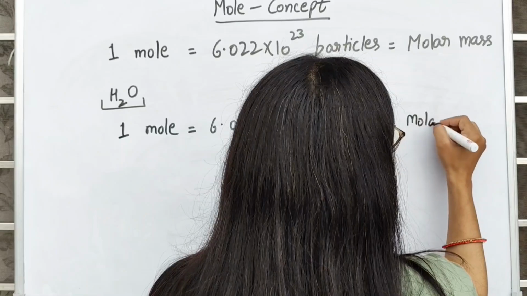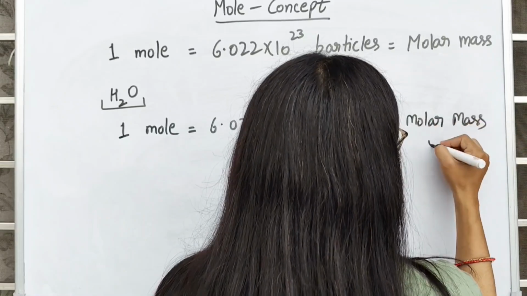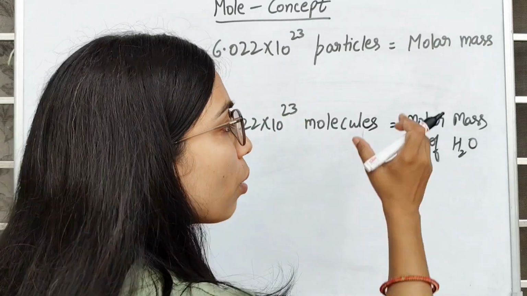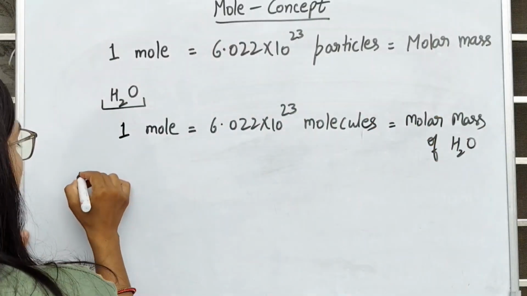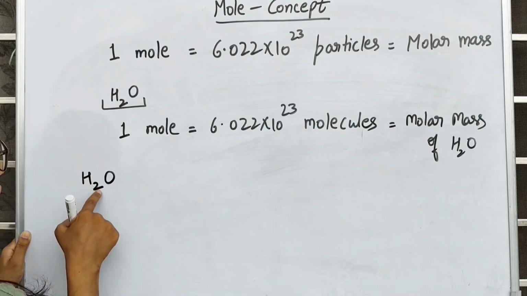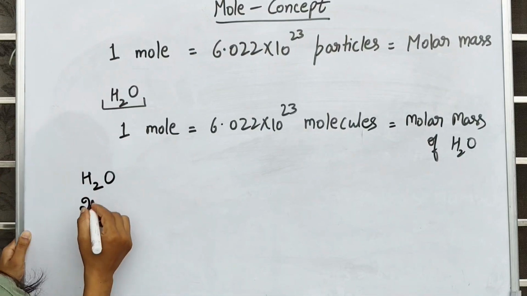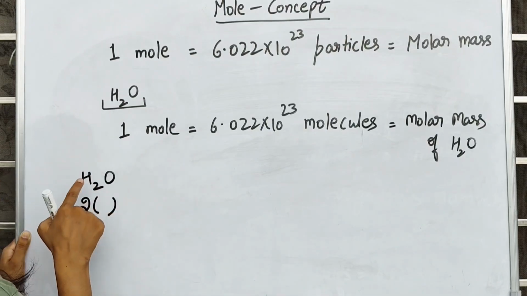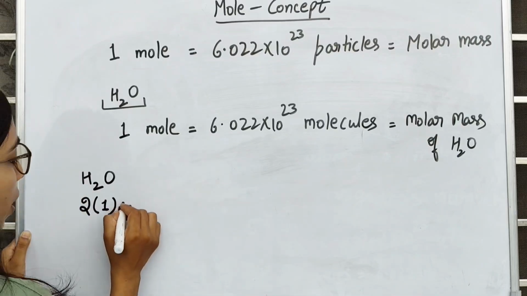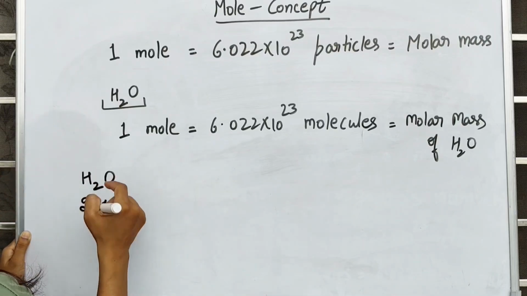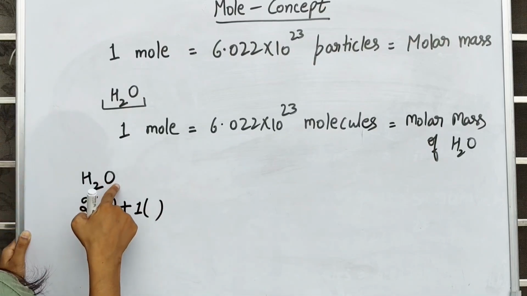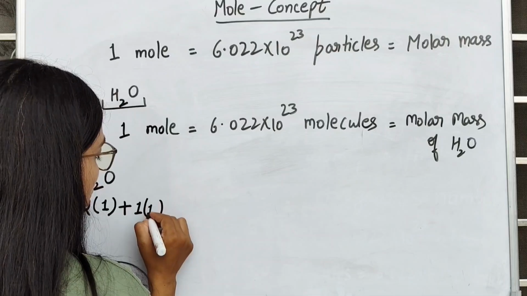Now, let's calculate the molar mass of water. The number of hydrogen atoms is 2, multiplied by the atomic mass of hydrogen, which is 1, plus the number of oxygen atoms, that is 1, multiplied by the atomic mass of oxygen, which is 16.